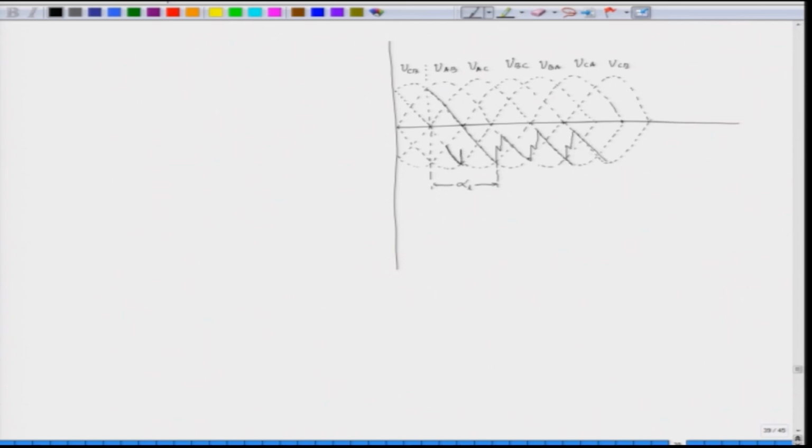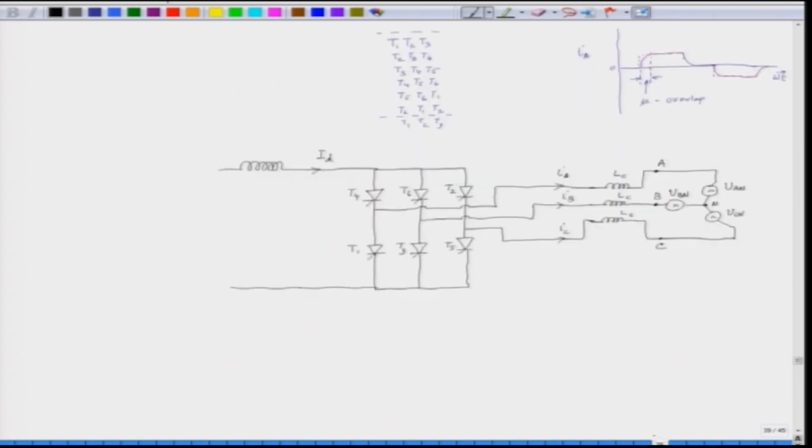Similarly, here we have a commutation overlap and the output somehow looks like this. So, this is the nature of the output. Here again we have a commutation overlap. So, the output of the converter, the DC voltage, looks like this. The DC voltage we are talking about is this DC voltage VD, load side.